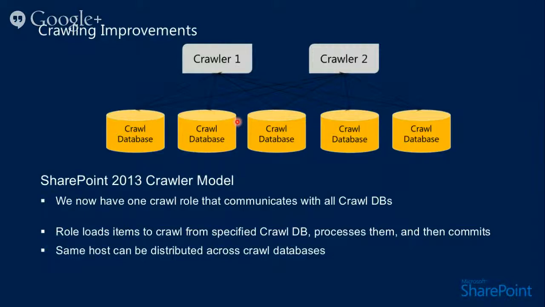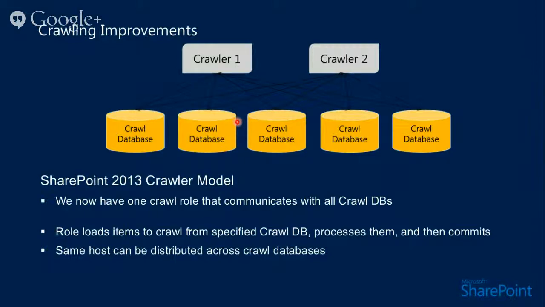The major advantage is we can have one crawl component communicate with all crawl databases. In 2010 there was an issue that if some crawl databases had items to crawl and others did not, some crawlers would be completely busy trying to keep up with the changes, whereas other crawlers would be sitting idle because their crawl databases were empty, and there was no way to associate one crawl database with multiple crawlers.